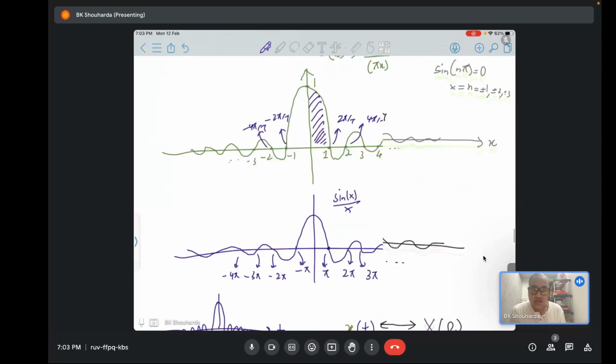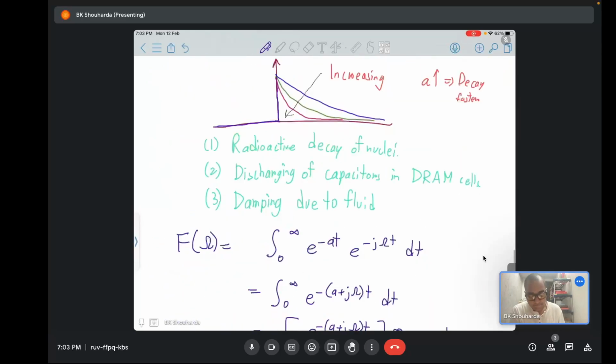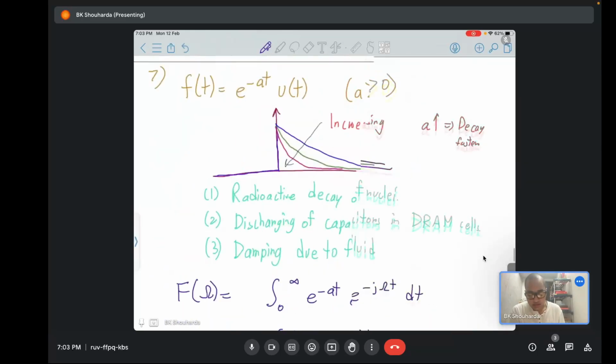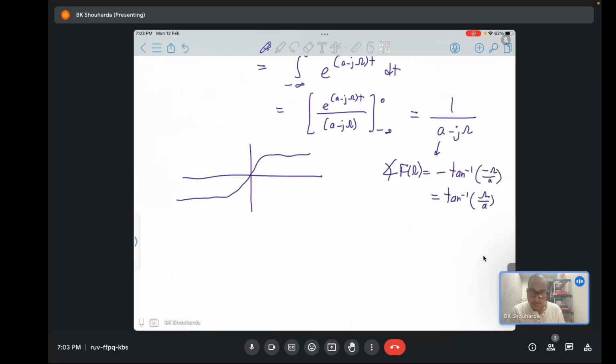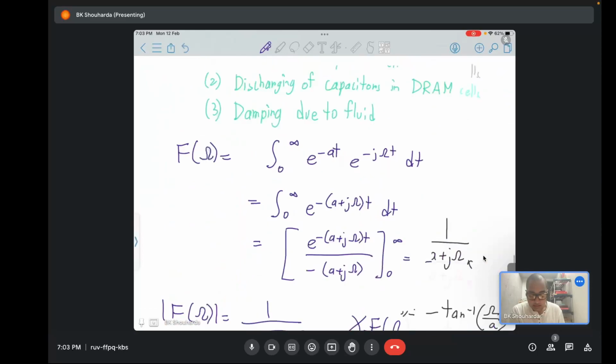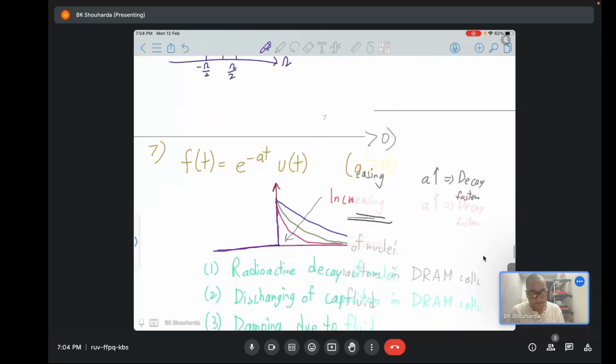Okay, so it's a non-causal signal. So a non-causal signal has almost a 0 phase or a 180 degree phase. The anti-causal signal has a positive phase, and a real life signal, like the one over here, has a negative phase for omega greater than 0.